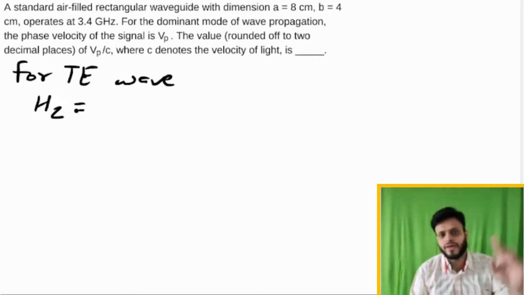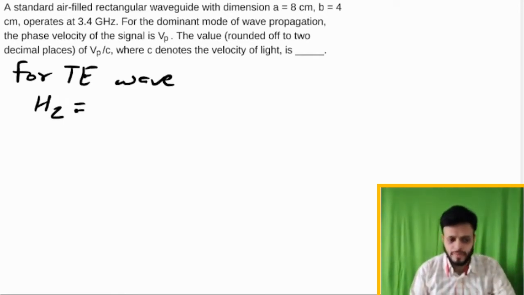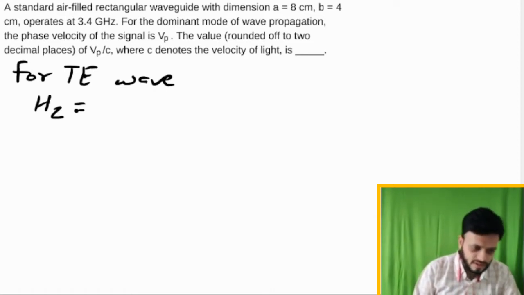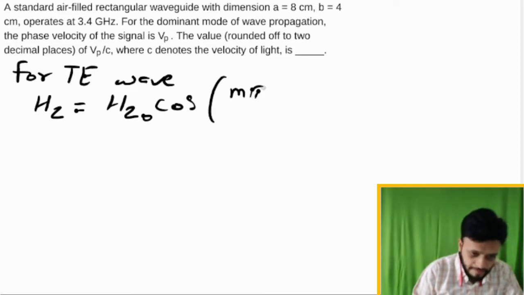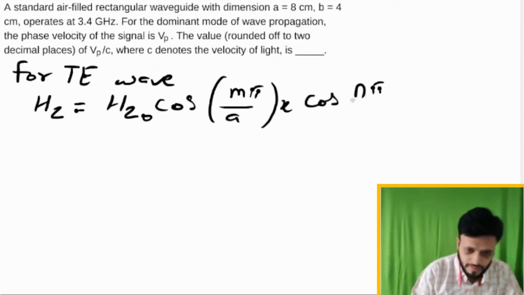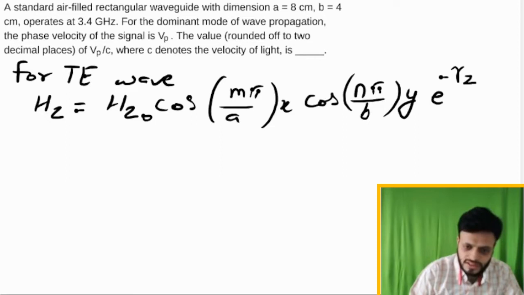I will let you know why I am not considering other components, but first try to understand this part. Hz will be equal to Hz naught cos of m pi by a in x direction, cos of n pi by b in y direction, e power minus gamma z.